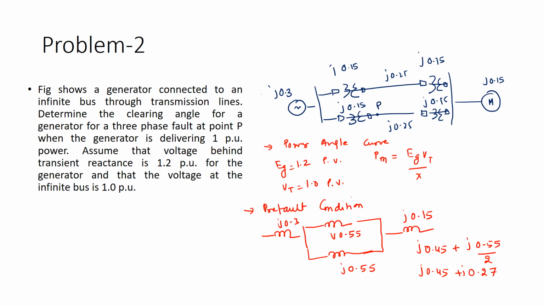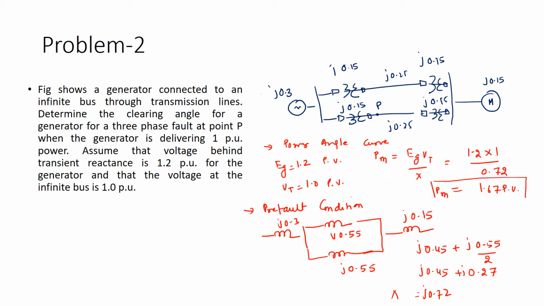So, it is coming out to be like J 0.72. So, the value of x will be like this. From here the pre-fault calculation can be completed. So, this is equal to 1.2, this is equal to 1, and this will be equal to 0.72. From here the PM for the pre-fault condition can be calculated, and it comes out to be 1.67 per unit.